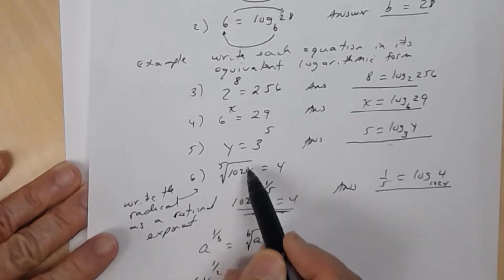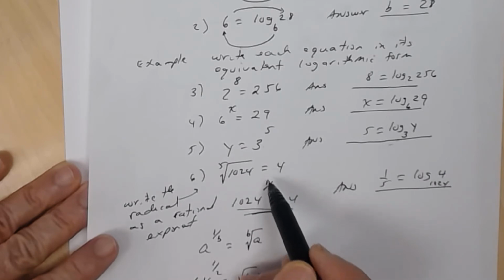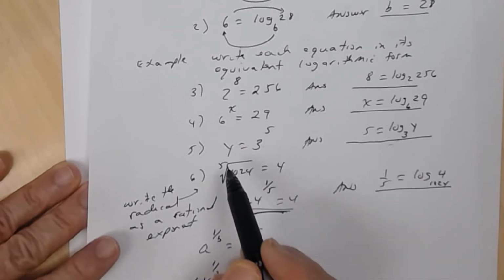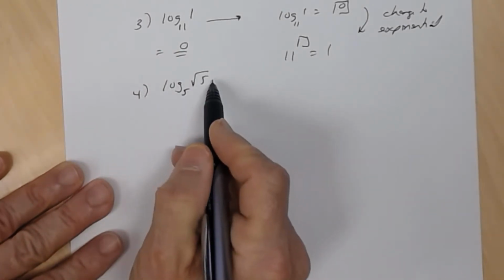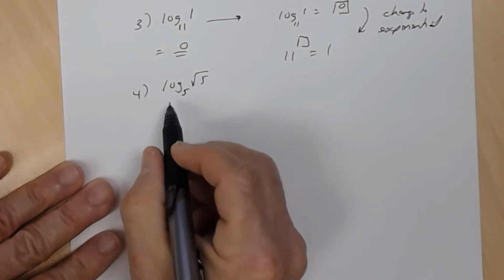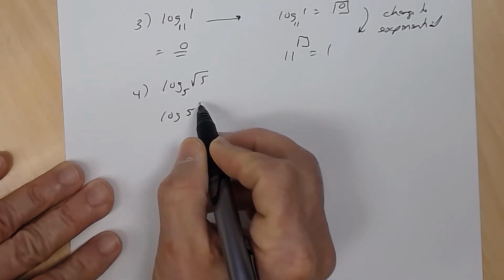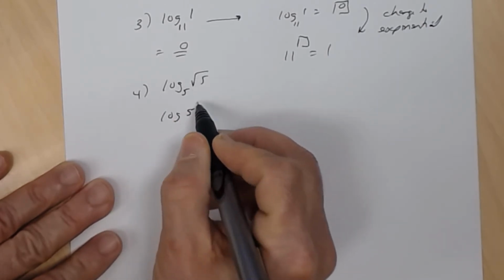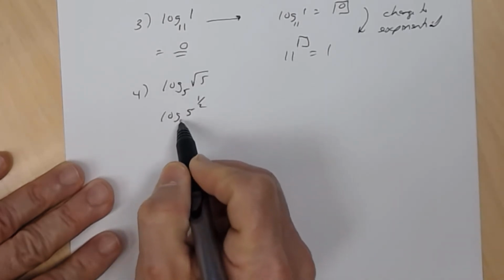We went from radical form to rational exponent form. So that fifth root means an exponent of 1/5. Notice I said fifth root, 1/5. So this is square root, right? So that means the same thing as this. So that means log of 5. Now what's going to be my rational exponent? We're doing square root. Remember that index here is understood to be a 2. So that's 1/2 base 5.